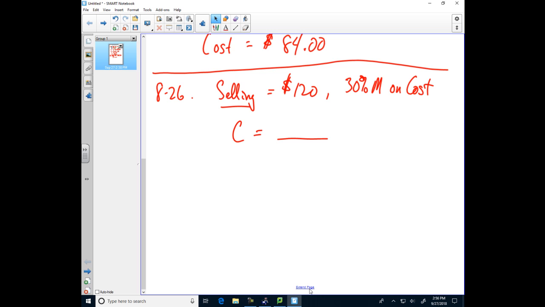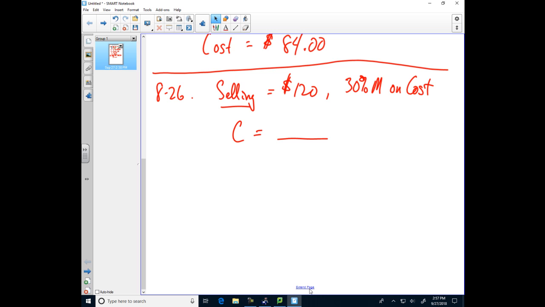So let's go look and see if we find something that relates C, S, and this markup based on C. I've looked at this book enough to figure out that on 226 are markups based on cost. Actually, it tells you that right there.